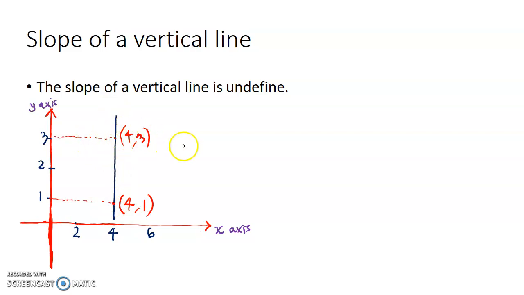It doesn't really matter. So we know that the slope of a line, of any line, is change in y over change in x, right? So if that is the case, let me plug in these values here.